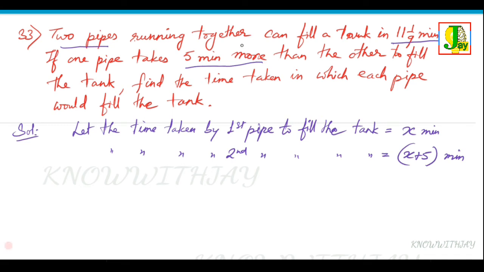That means the water flowing out of this pipe is less than that of the other one, because it takes more time to fill the tank. Find the time taken in which each pipe would fill the tank separately. So you have to find out the time taken by both pipes separately to fill the tank.